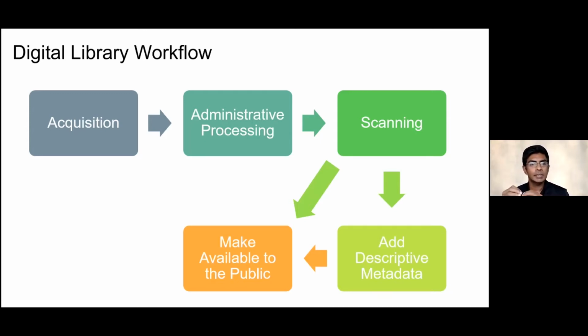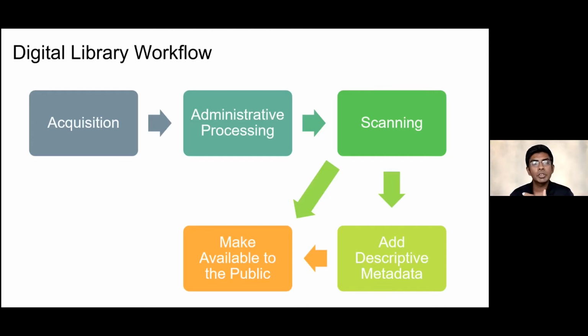So as soon as you scan the photograph, you can make it available to the public, but that wouldn't be much of use for anyone, especially if you have a large collection. If you have only a very limited small collection, let's say you only have 100 photos, then users could just scroll through the images and locate the photos that they want. But if you have a large collection of thousands and thousands of photographs, no one will be able to locate what they are looking for.